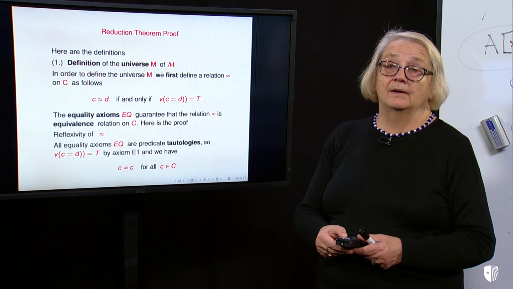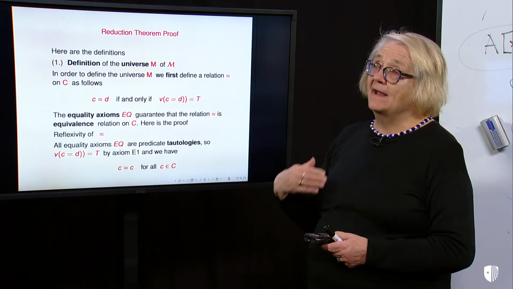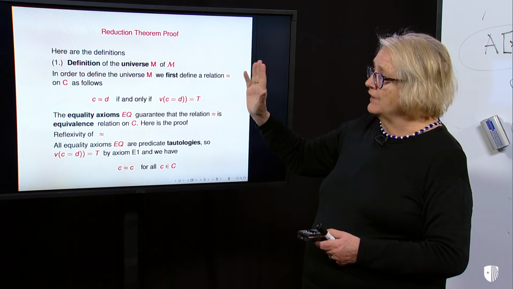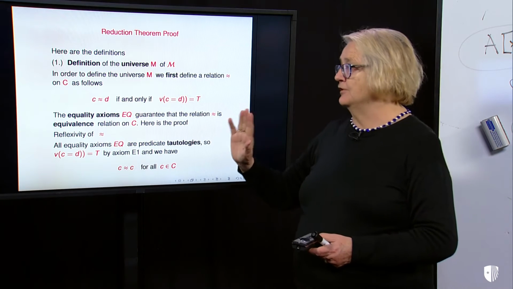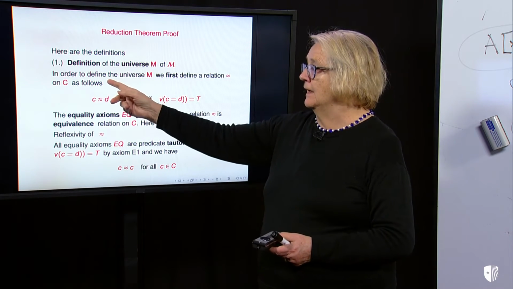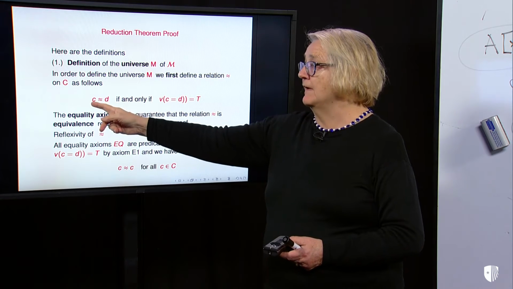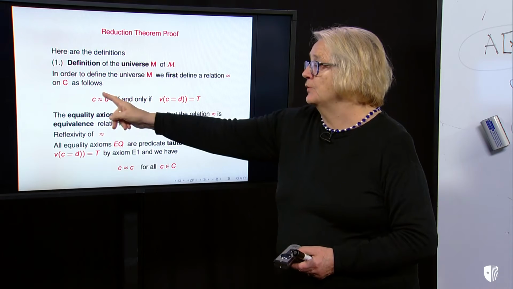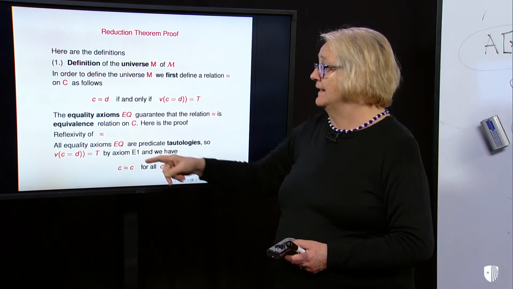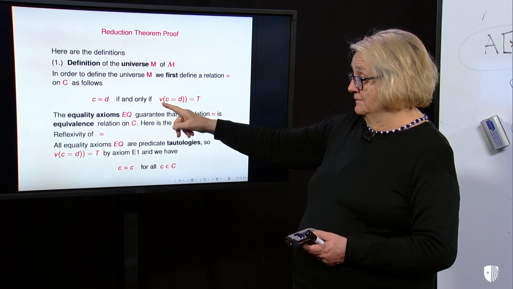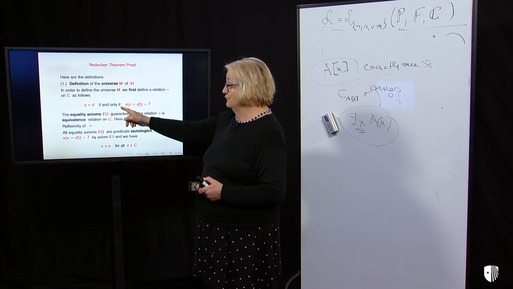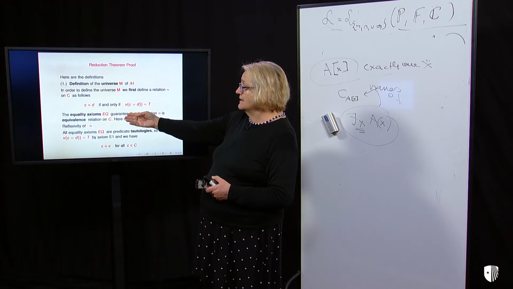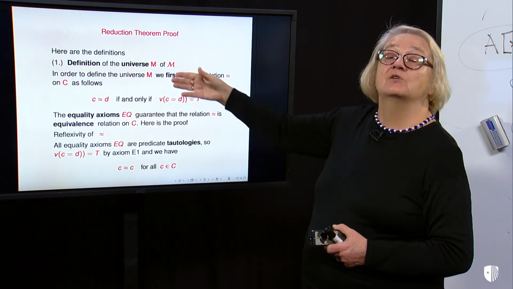And now we have to define this canonical structure. The universe of the canonical structure is defined as follows: first, we define an equivalence relation on the added constants. We say that two added constants are equivalent if our propositional valuation v of this prime formula is true. And the equality axioms guarantee that this relation is an equivalence relation.